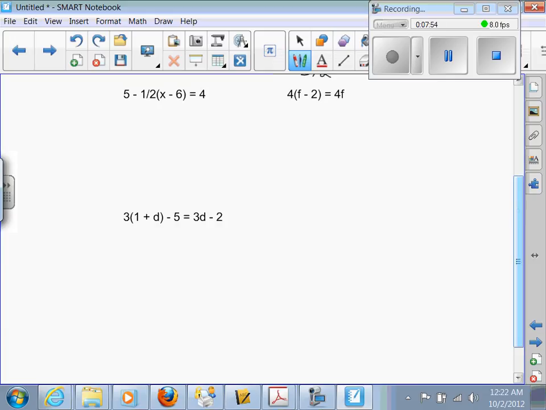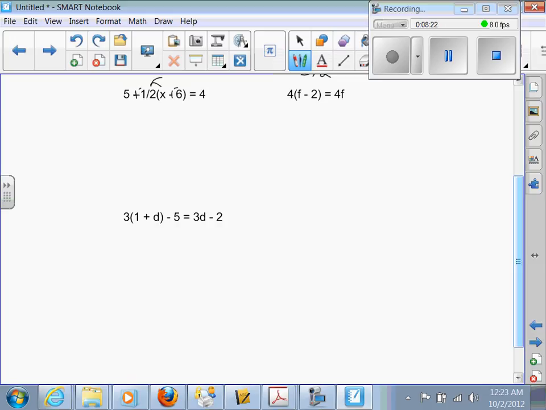This is a case where we will see the usage of the distributive property. Here is also a case where adding the opposite will be greatly beneficial to you. If you do not notice that this is actually a negative 1/2, you will distribute the wrong number onto each of these values. But if I say I have plus a negative 1/2 and plus a negative 6, I will see that I have to distribute a negative 1/2 to each of these things.